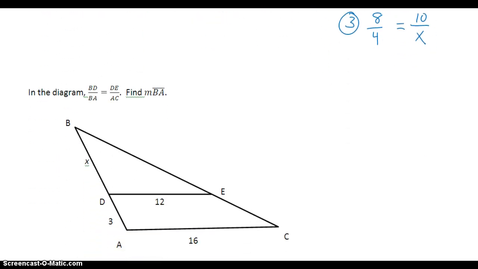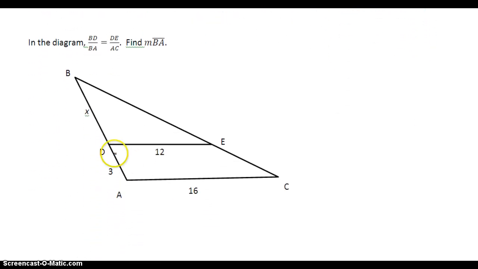Let's use that concept to solve for a missing length. I need to find BA. Well, in order to find BA, I'm going to first find X. So I'm going to redraw these two triangles. I have a small triangle, B, D, and E, where my side lengths are X and 12.